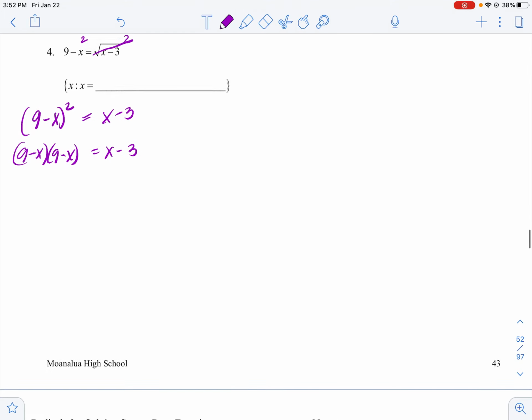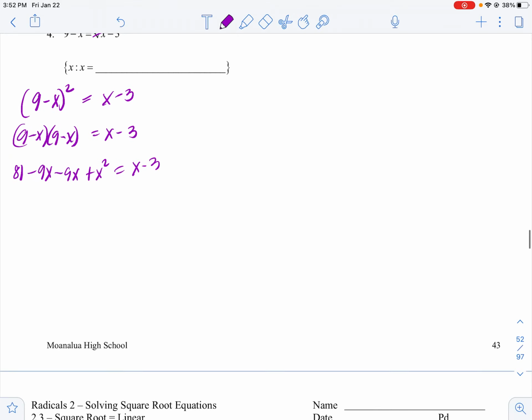So we have 9 times 9 is 81, 9 times negative x, negative x times 9, negative x times negative x is positive x squared. And then we will move this one onto the other side.